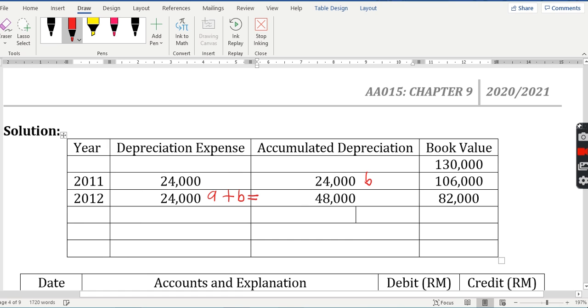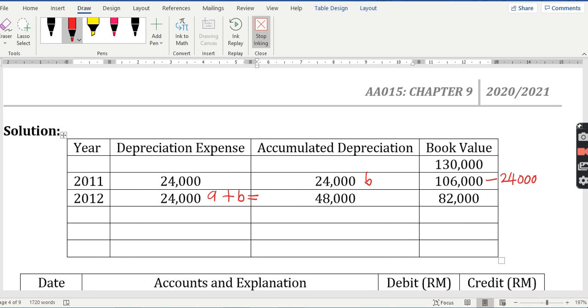The 82,000 is when you have 106,000 from earlier, you minus 24,000, which is the depreciation expense for that particular year. That leaves you with a book value of 82,000 during the second year of the asset.